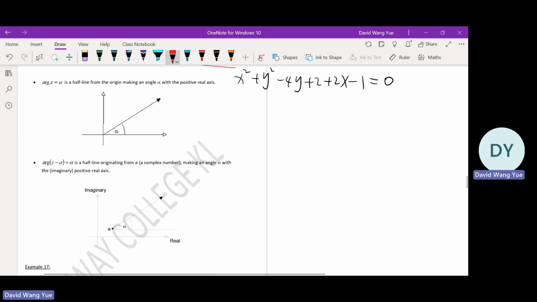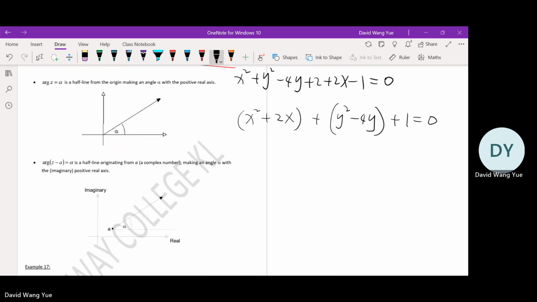Now I need to do the completing the square. For this side, if I want to put a square, I need to add 2 over 2 squared, which gives you x plus 1 squared.